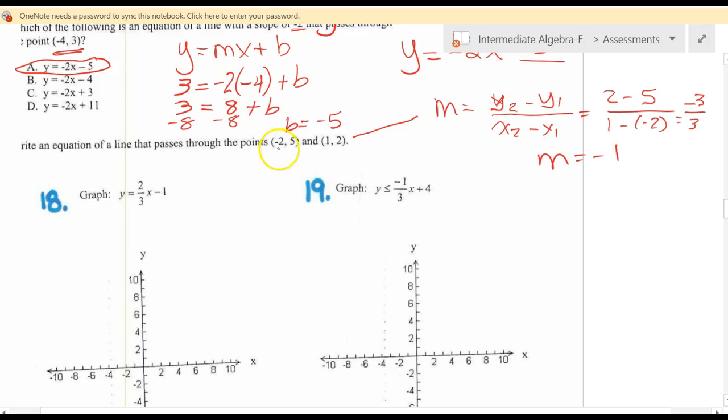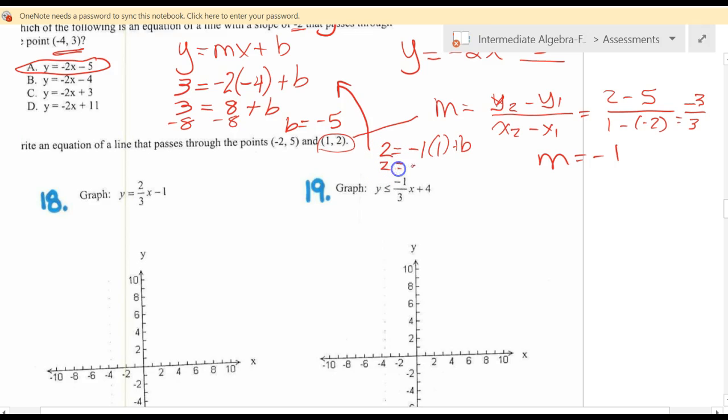Now I can choose one of the points. It doesn't matter which one. Either one of them is going to give me the same result. I'm just going to choose the second one. And I'm going to do the same thing that I did right up here. So I'm going to do y, which is 2, equals m, which is -1, times x, which is 1, plus b.